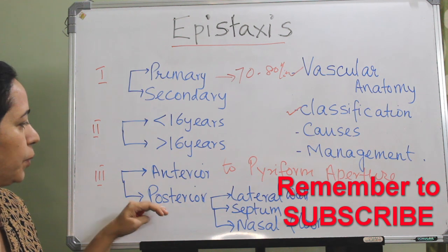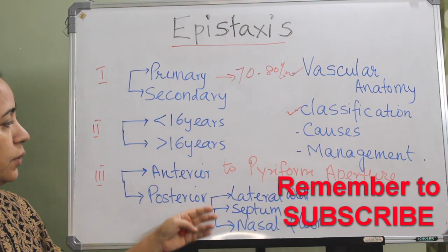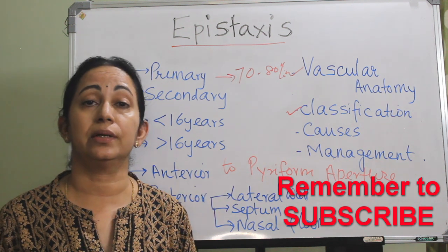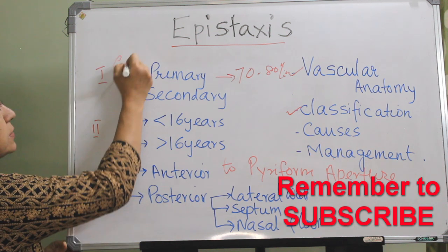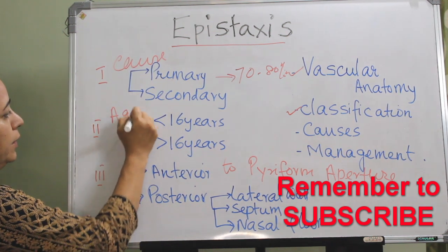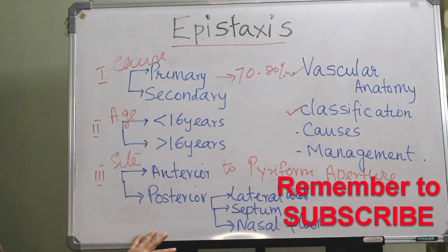Posterior epistaxis is posterior to the pyriform aperture, which can again be divided into those on the lateral wall, those on the septum, and also on the nasal floor. So it can be classified depending upon the cause, the age, and the site of bleeding.